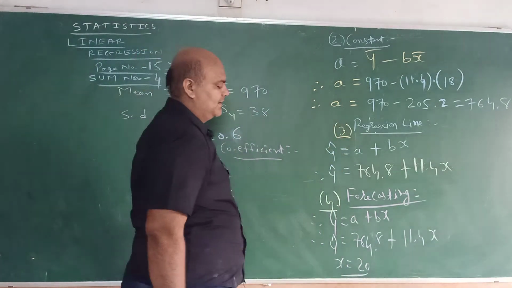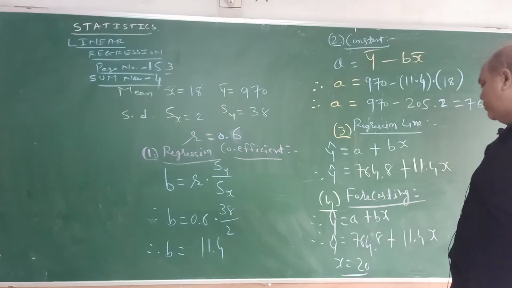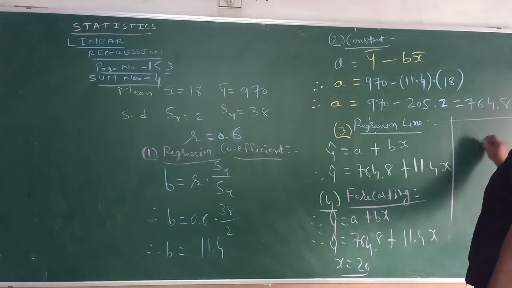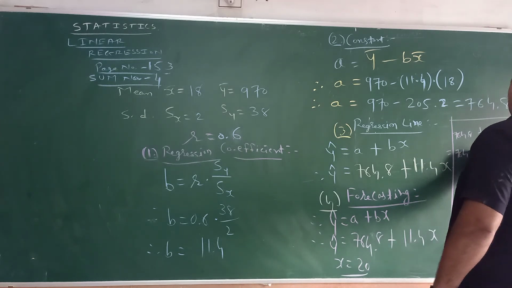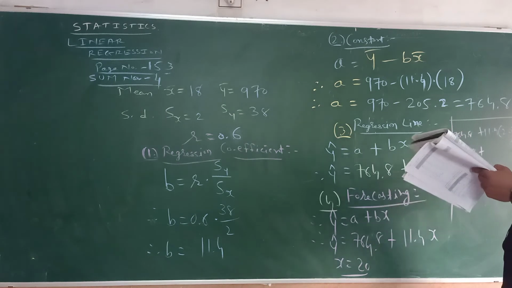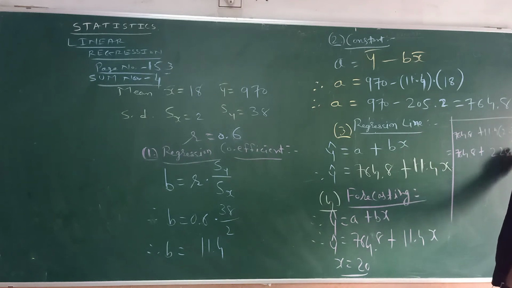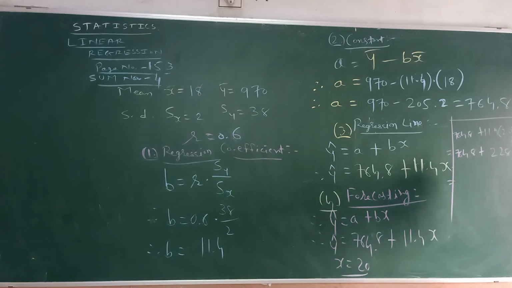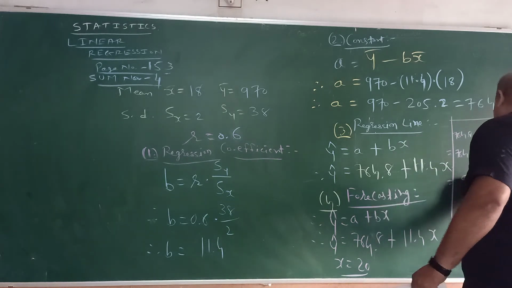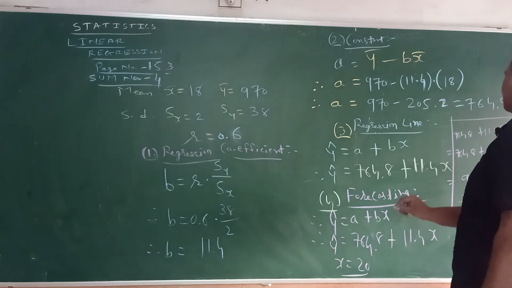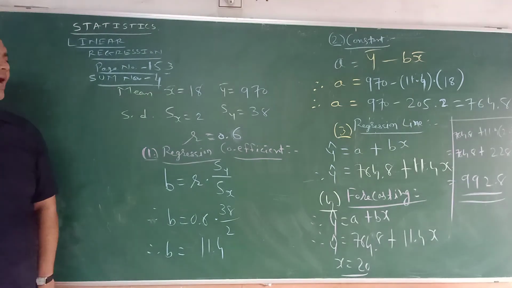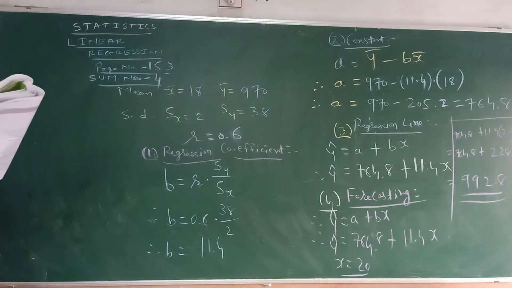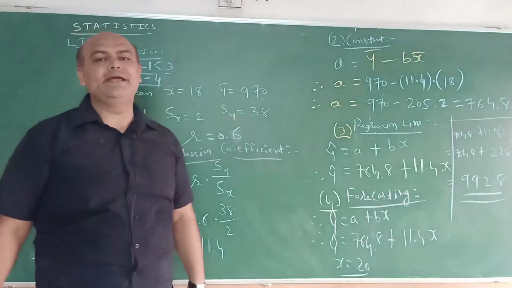In place of x in the regression line we put 20: 764.8 plus 11.4 into 20. 11.4 into 20, the answer comes 228. 764.8 plus 228, the answer is 992.8. So at last, we write the sentence: when the rain is 20 centimeters, then the yield of the crop is 992.8 kg.